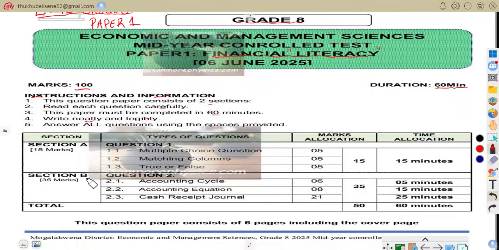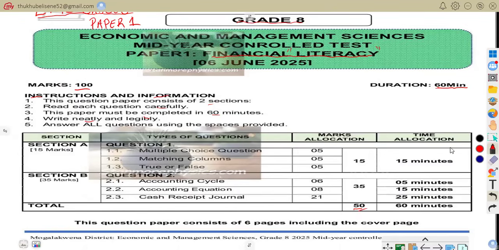As we can see, section A is 15 marks. That is question 1.1 to 1.3. These are the mark allocations, and you are to take 15 minutes on section A. Section B, that is question 2.1 to 2.3, is 35 marks, and you are to take 35 minutes to finish section B. The total marks all in all is 50 marks.